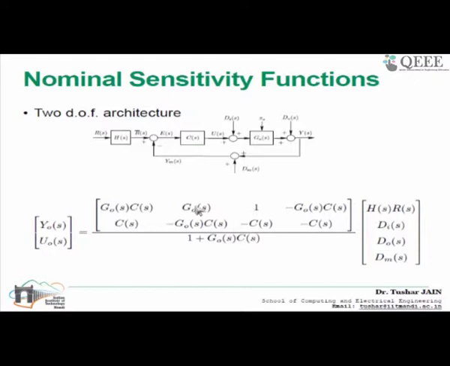This is the matrix form of the two equations we have seen earlier. The important thing to notice here is that the denominator transfer function for all these transfer functions is the same, which is given by 1 plus g naught c of s.